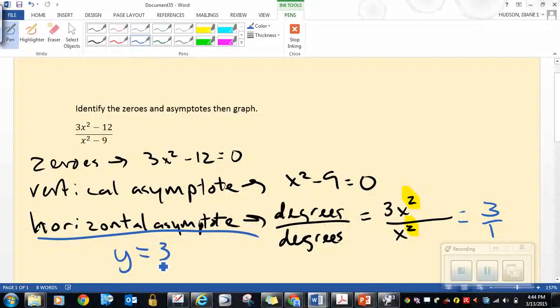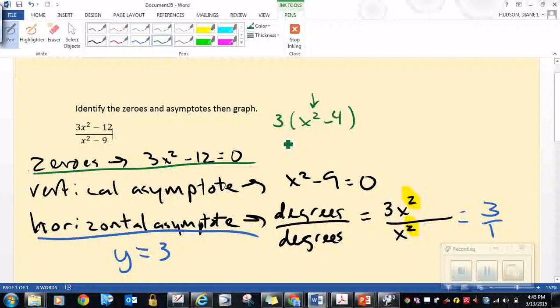That's the hardest part of this problem, because the rest of it we've already done. To find my zeros for my numerator up here, I factor 3x squared minus 12. Well, 3 can come out of both terms, so it's 3 times x squared minus 4, and I see that this is a difference of squares, so it's actually 3 times x plus 2, x minus 2.